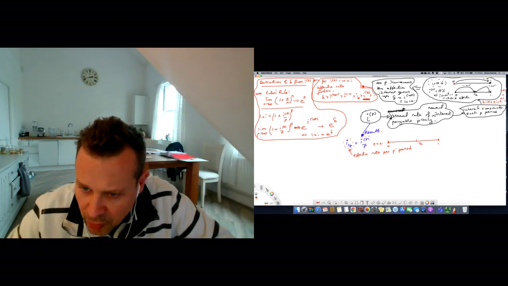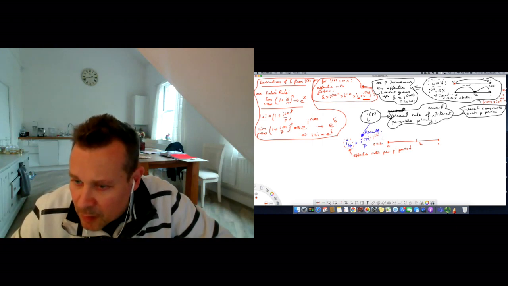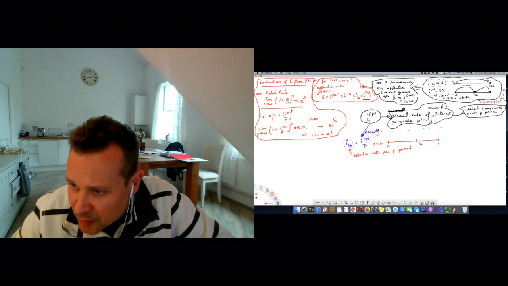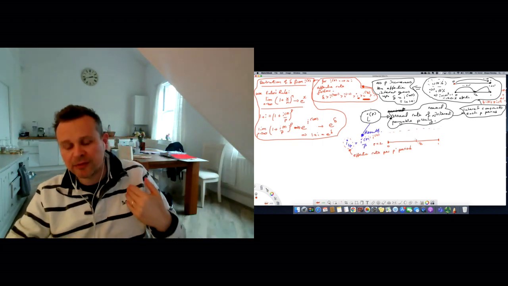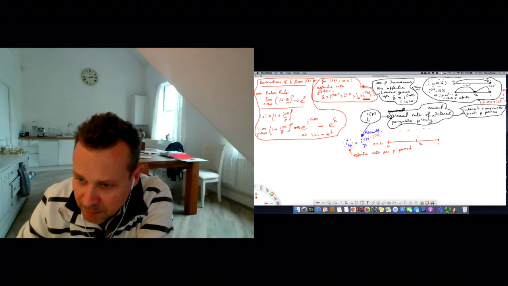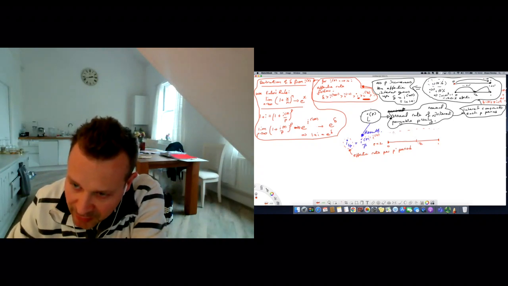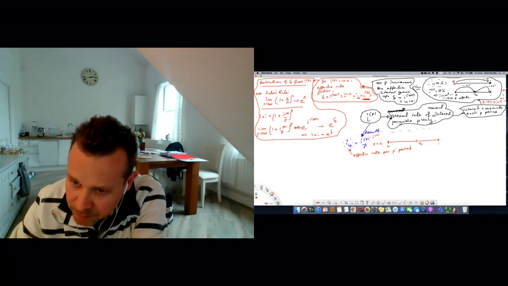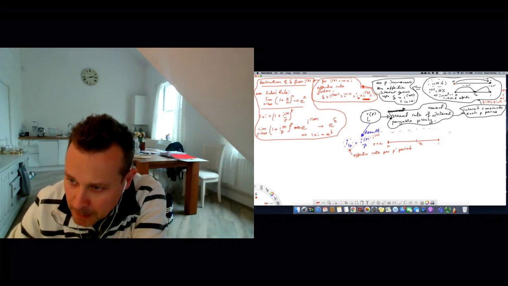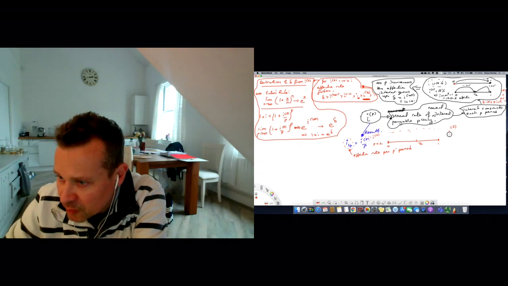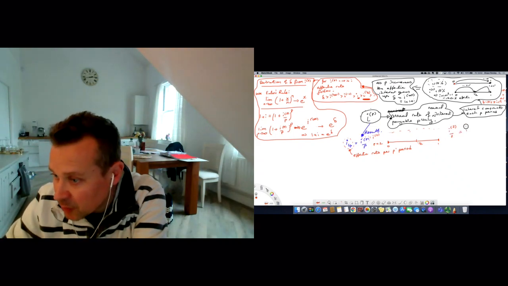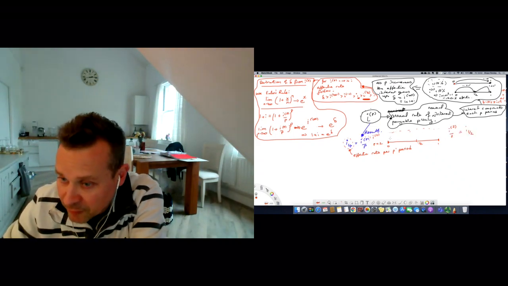We've got i2, which is an annual amount, but remember it compounds every half year. So we divide that amount by 2, so i2 over 2 equals our effective rate per half year.